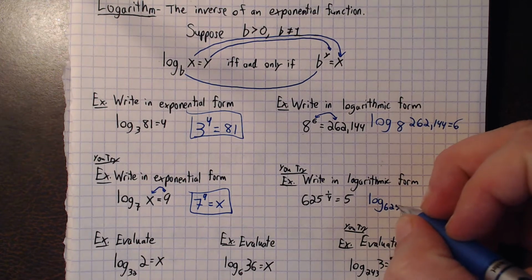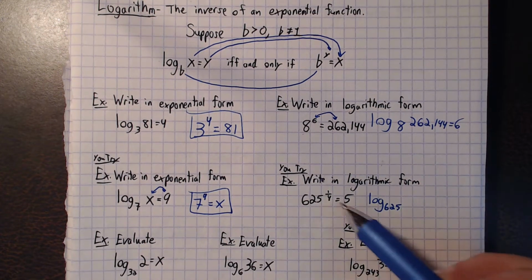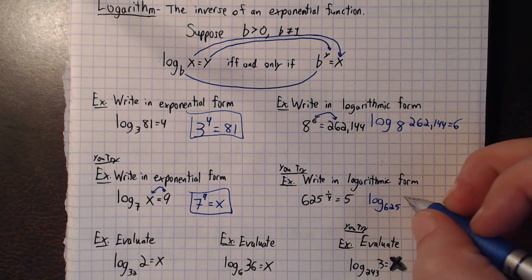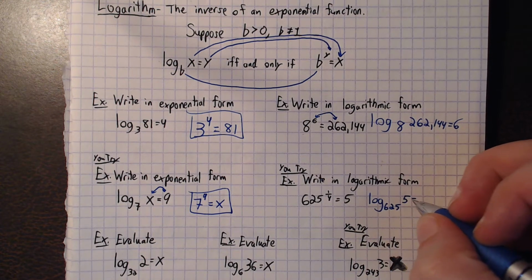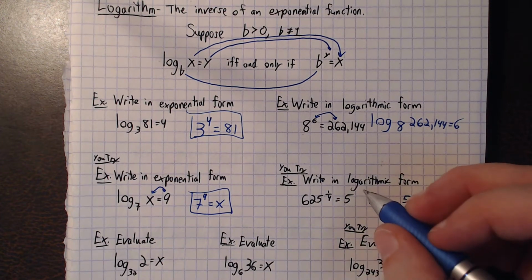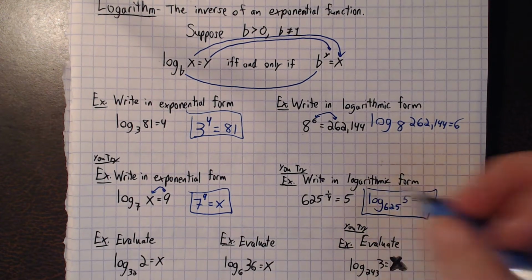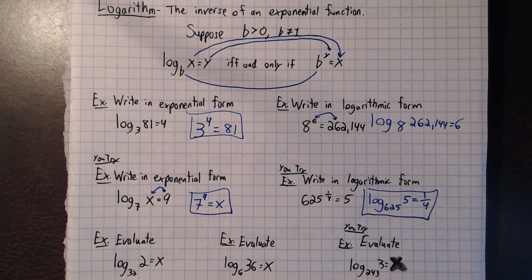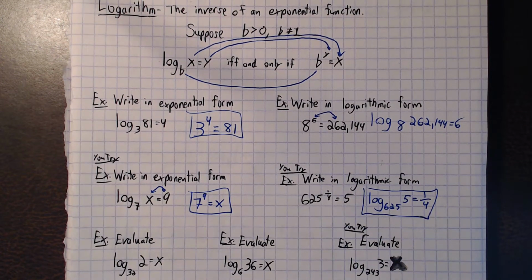So we've got log of 625. I'm just going to switch positions with these now. So 5 becomes my power, and then the 1/4 is what it's equal to. I don't think I used the right term when I said power there, but I think you understand what I'm saying.